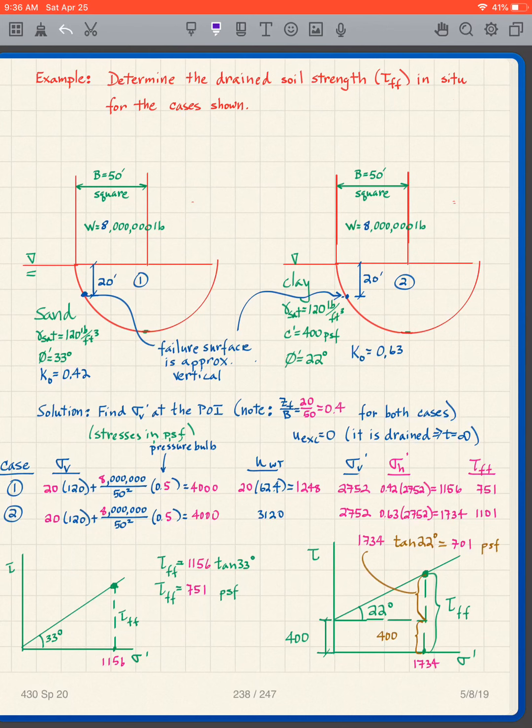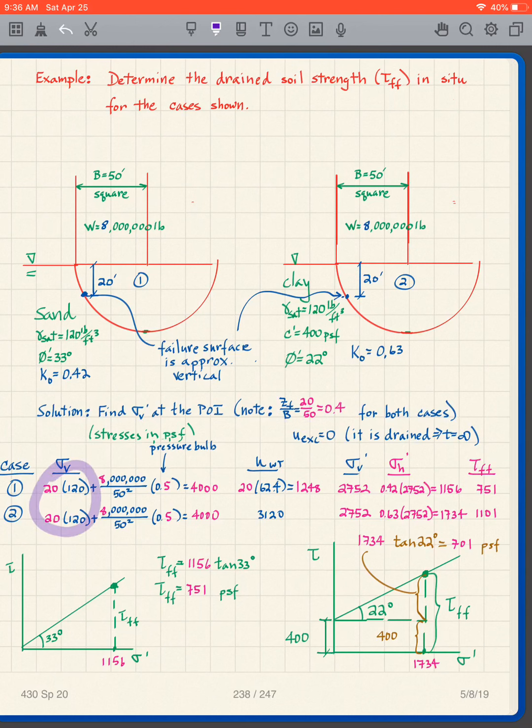So what we're going to do is find the sigma v prime at the point of interest, but then we're also going to need to find the sigma h prime. And we've done this with our wall calculations. In this particular case, ZF over B is 20 over 50. And so that's going to figure into our pressure bulb factor. This is similar to the previous problem, so I'm not going to go through it all.